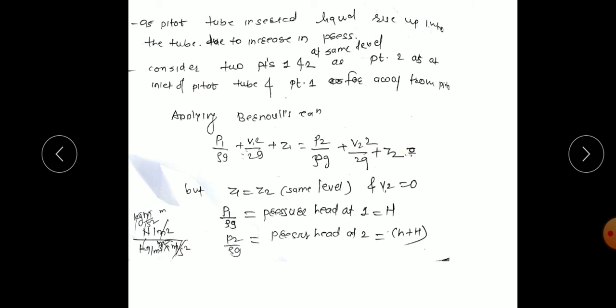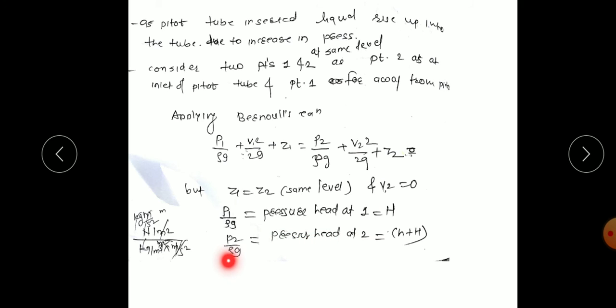Putting this value, P1 by rho g is the static pressure head at 1, that is H, and pressure head at 2 will be H plus small h. The small h is because the velocity at point 2 becomes 0, so kinetic energy is converted into pressure energy. So the pressure head at 2 is more.